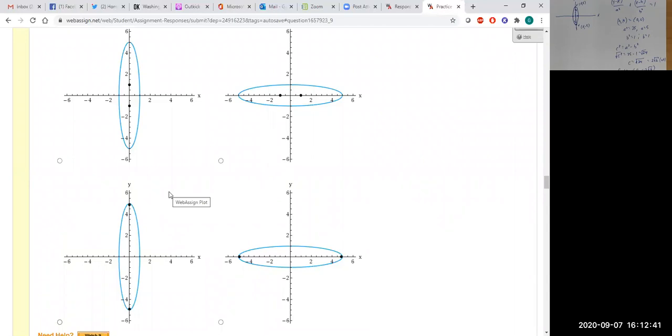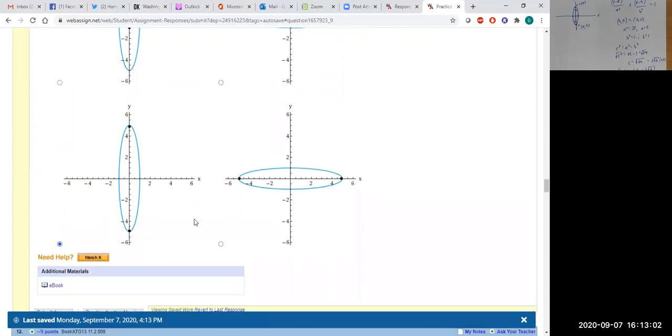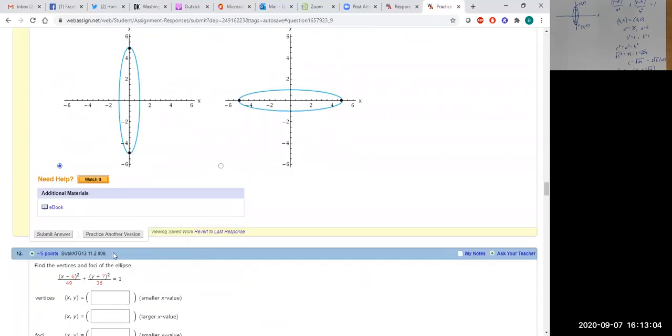I actually drew my picture wrong, because the foci are around 4.9 and the vertex is 5. So my picture's wrong. This one's actually correct right here. Turns out that the foci and the vertex are almost right on top of each other. So my little graph I drew was not quite right. I'll show you that in a minute.